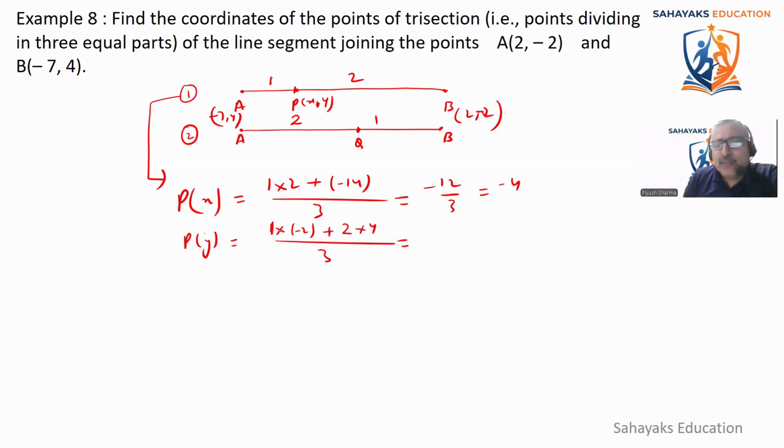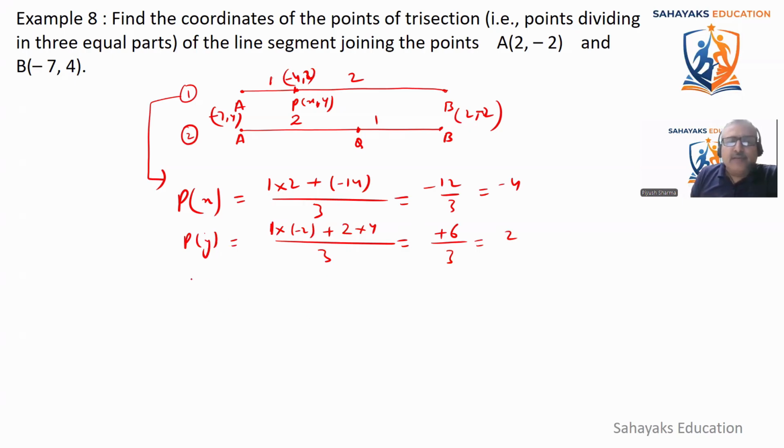So it comes out to be minus 2 plus 8. Minus 2 plus 8 is plus 6, sorry. Divided by 3, it comes out to be 2. So the point P is minus 4, comma 2. Okay.